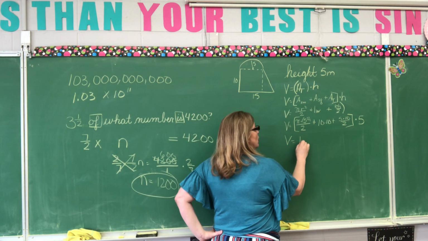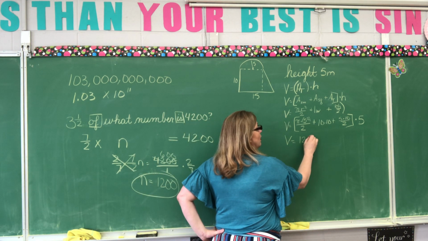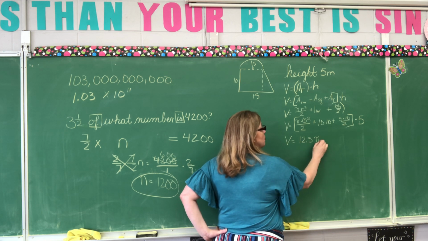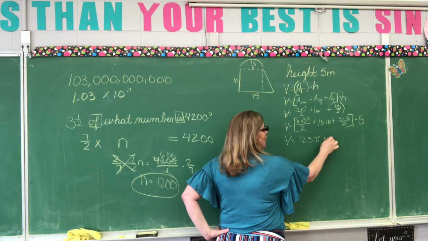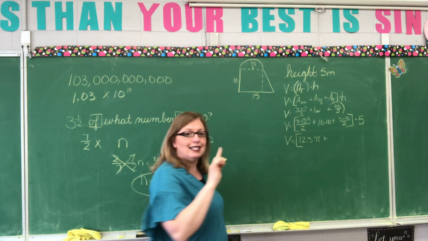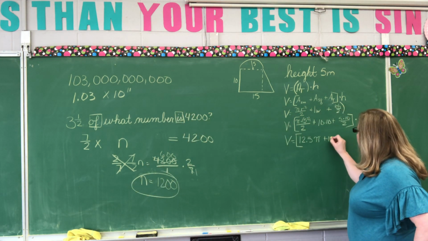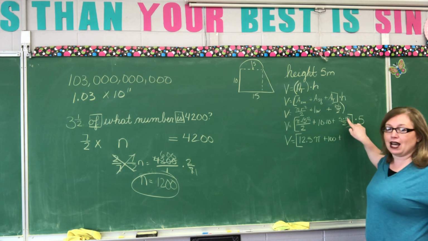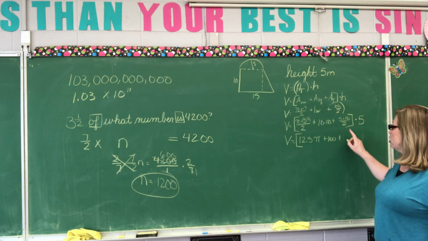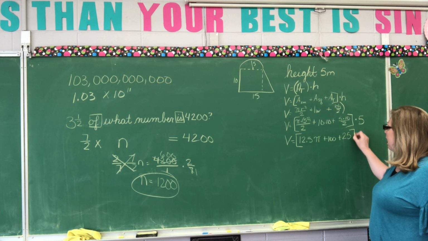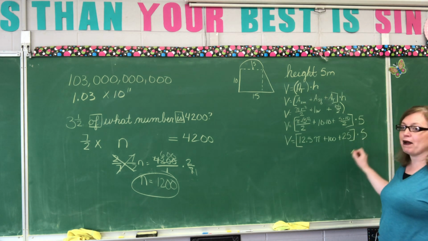So this is going to be 12.5 times pi. Plus, we have to say 10 times 10 is 100. Then we say 5 times 10 divided by 2 is 25. We're going to multiply that by 5.